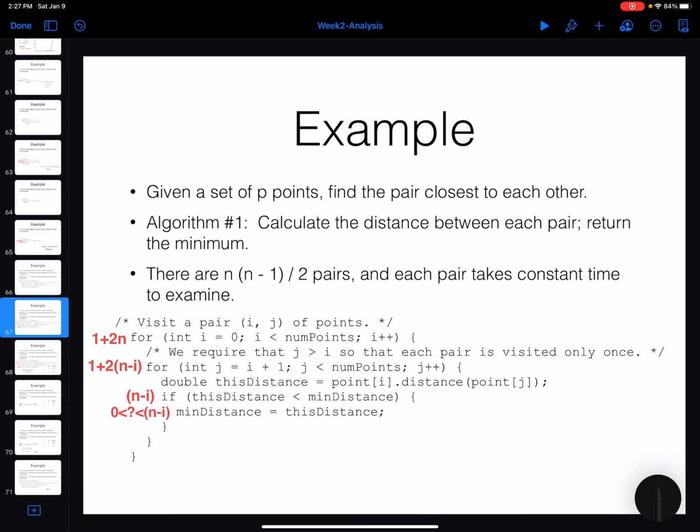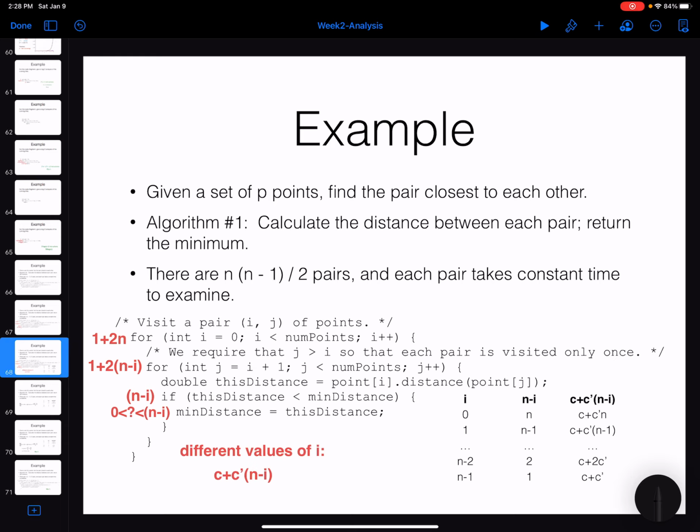But let me show you the exact time function, or the number of primitive instructions that we have, and how the number of instructions would depend on the value of i.